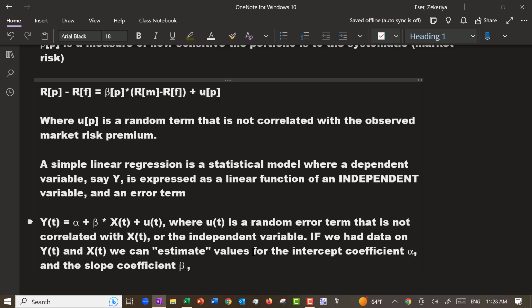Now, we have statistical methods to estimate it, and we're going to use Excel to do it. That's the easy part. Let's think about what this equation says.